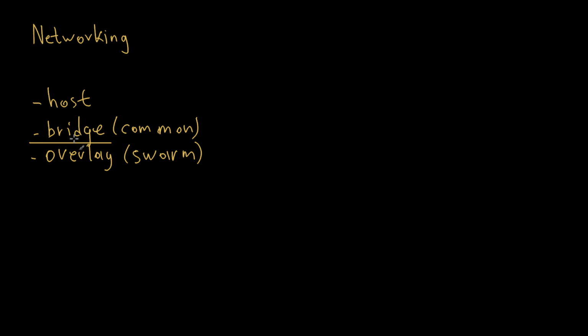network. And let me show you what each of these networks does with a simple graphic here. So let's say that you have a host machine in which you run Docker.